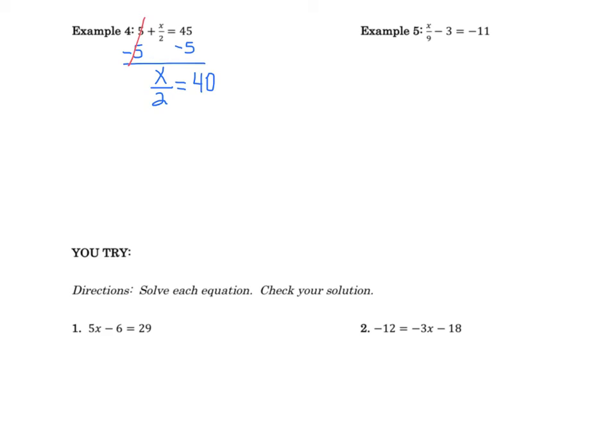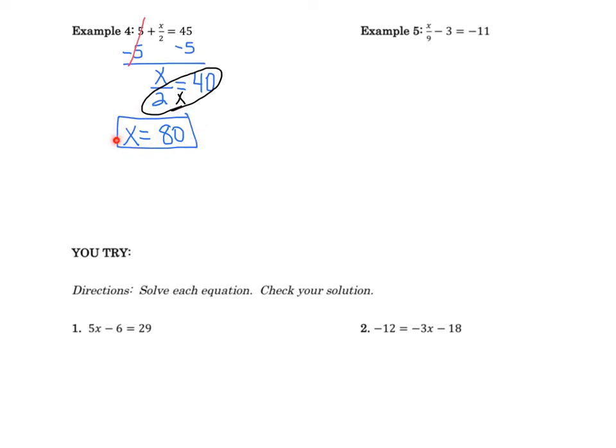Step 2 is undo multiplication or division. So we're going to undo the division by multiplying 2 times 40. And 2 times 40 gives us 80. Therefore, x equals 80.